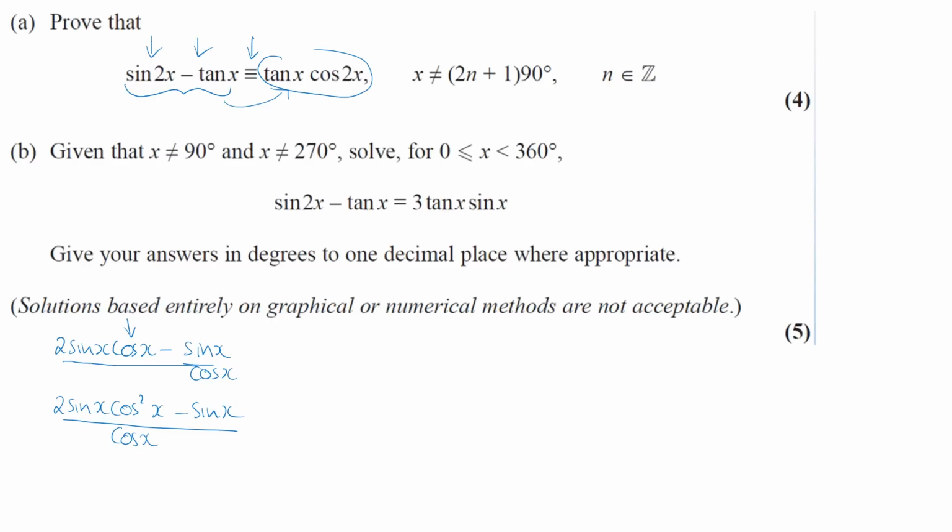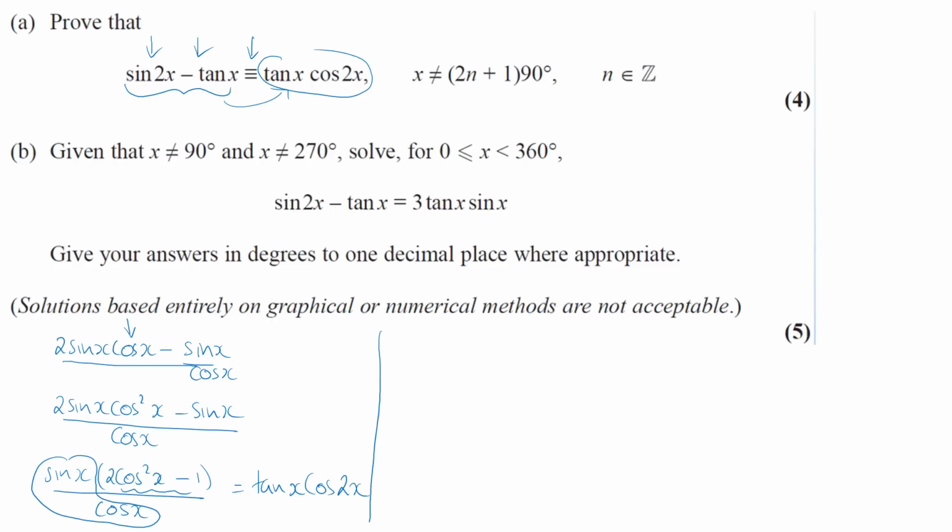And then I'm going to take sine x out as a common factor on the top. Sine x, I'll have 2 cos squared x minus 1 all over cos x. And now we can see we're going to get the tan back again, because sine over cos is tan. And then inside here is our cos 2x. So altogether that's going to be tan x cos 2x.